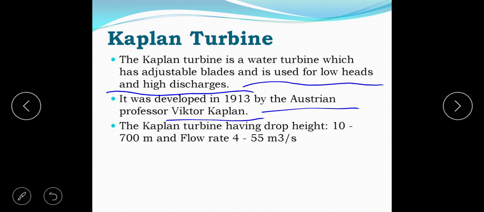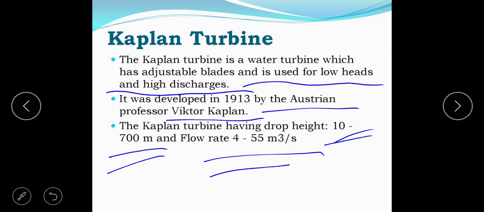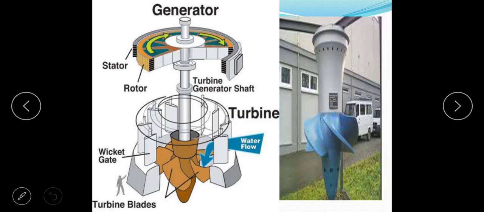The Kaplan turbine has a drop height of 10 to 700 meter, whereas flow rate is very low for low heads and high discharges. Flow rate is 4 to 55 meter cube per second. Height is 10 to 700 meter. That's why it is said here for low heads, 10 meter. Flow rate, high discharges, 4 to 55 meter cube per second.